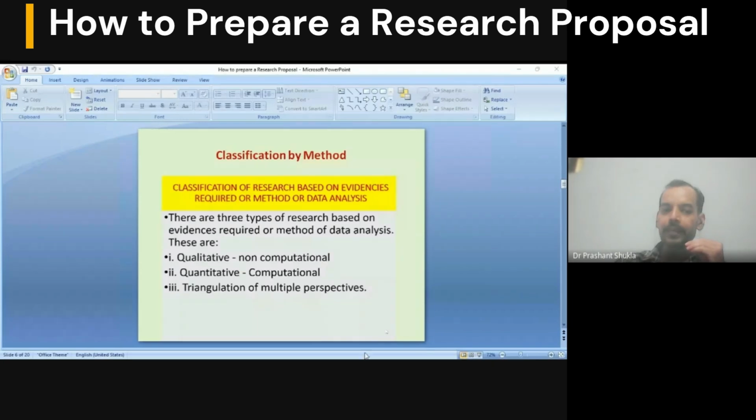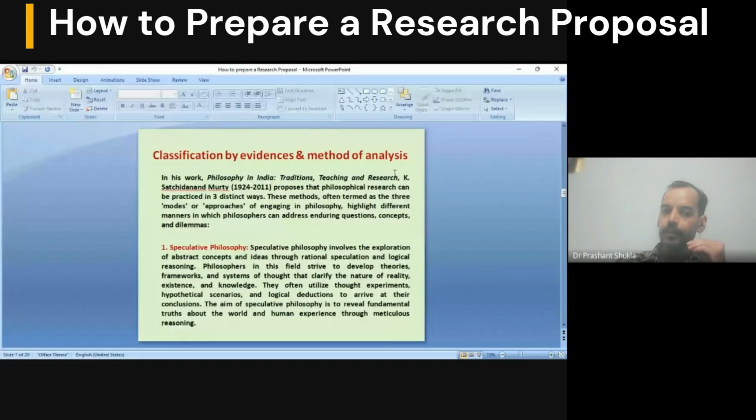So that being said, we have understood the classification of a research by purpose or by method. And then comes the third one, which is dear to my heart, classification by evidence or method of analysis. It has already been said by the previous esteemed speakers that you can philosophize in different ways.